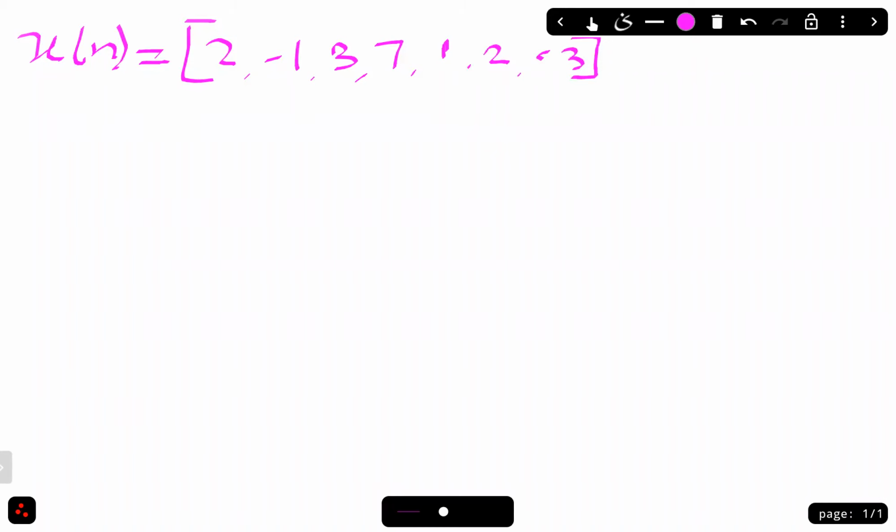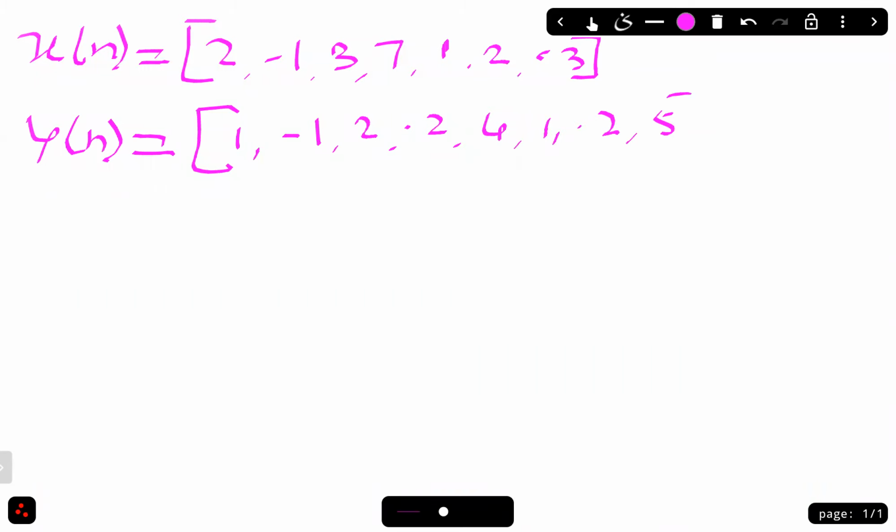The second one is y of n is equals to 1, minus 1, 2, minus 2, 4, 1, minus 2, 5. Okay, here the arrow indicates the value at the 0th point.